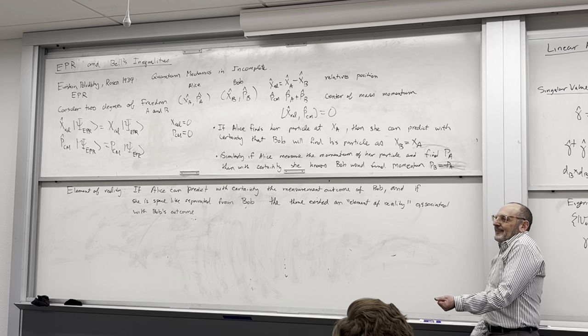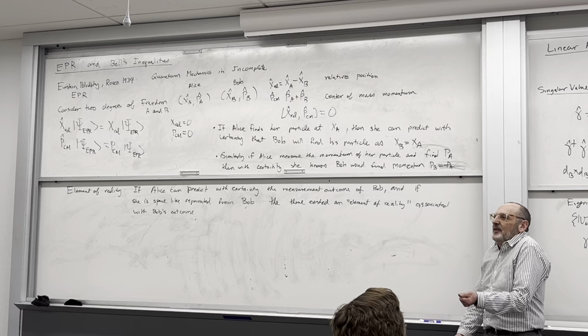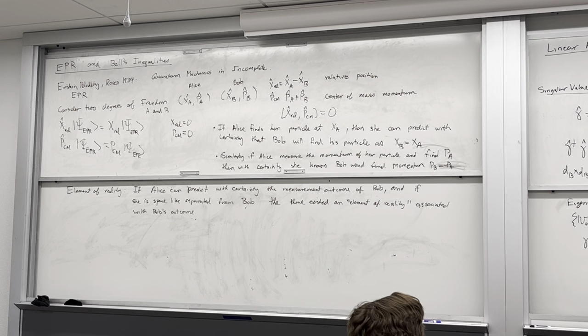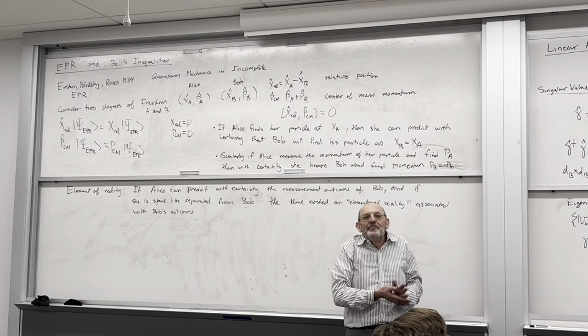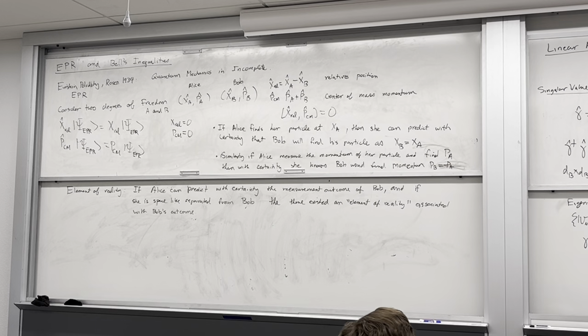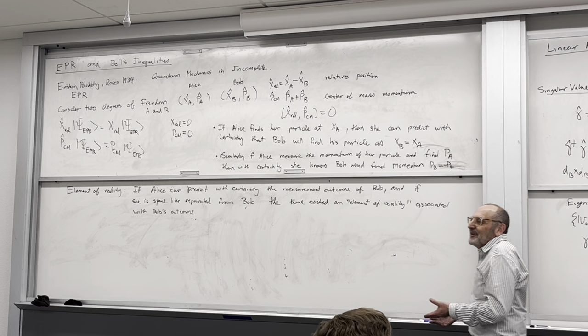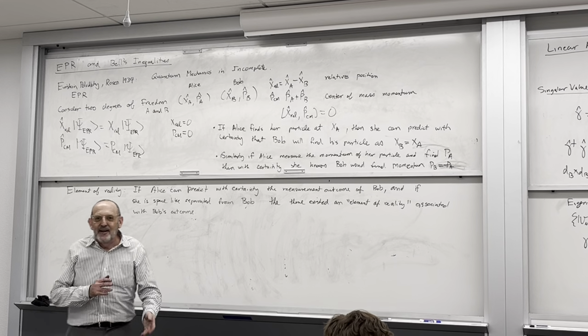But if he could do that with certainty, and what he does in no way affects my measurement, because he's outside my light cone, well, he wasn't, but let's pretend, then my cap must have always had that color. I just didn't know it, and when I looked at it, I saw it was blue, but it existed. The measurement didn't cause that color to come into existence. There was an element of reality before that.